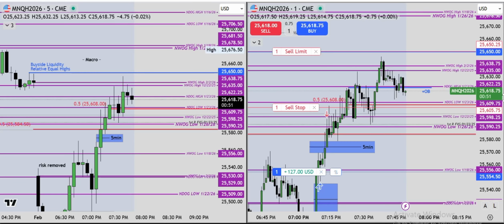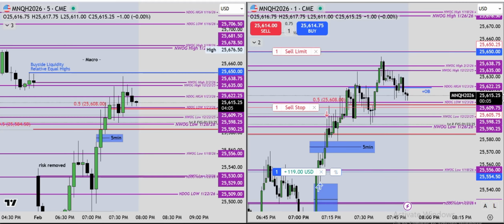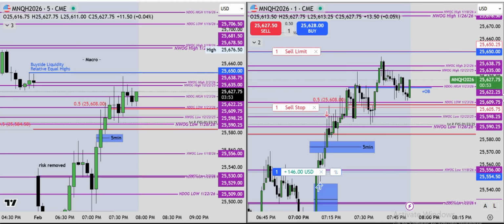So I want that to be the last reach into it, but we're reaching into it again. We get a close below the order block. At this point, I'm pretty certain that there's a good chance I'm going to get stopped out. But again, I'm content with my profit for the trade. I just want to see if we can juice a little bit more out of this trade.